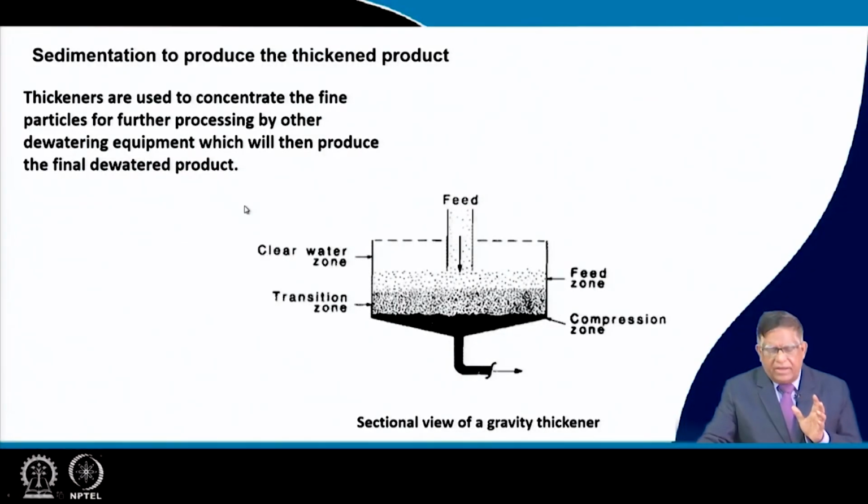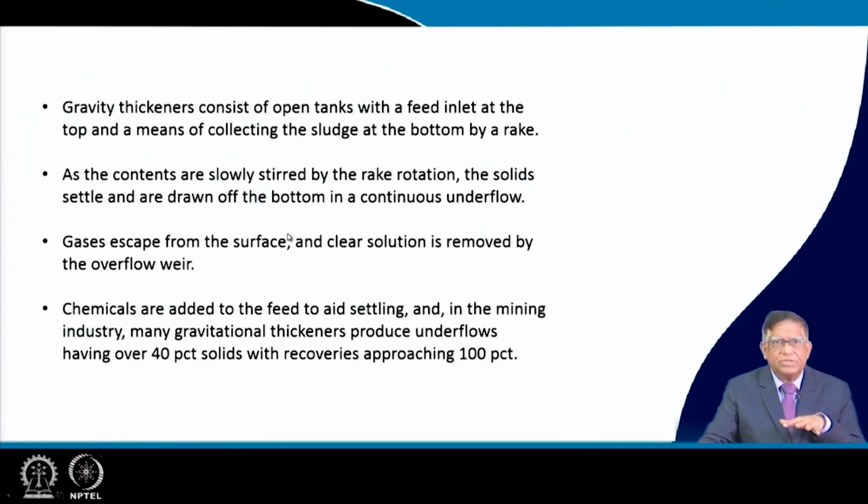So, this I told you earlier: the feed is coming, and you can get the material collected at the bottom as thick particles, and you can take it out. Gravity thickeners consist of open tanks with a feed inlet at the top and a means of collecting sludge at the bottom.